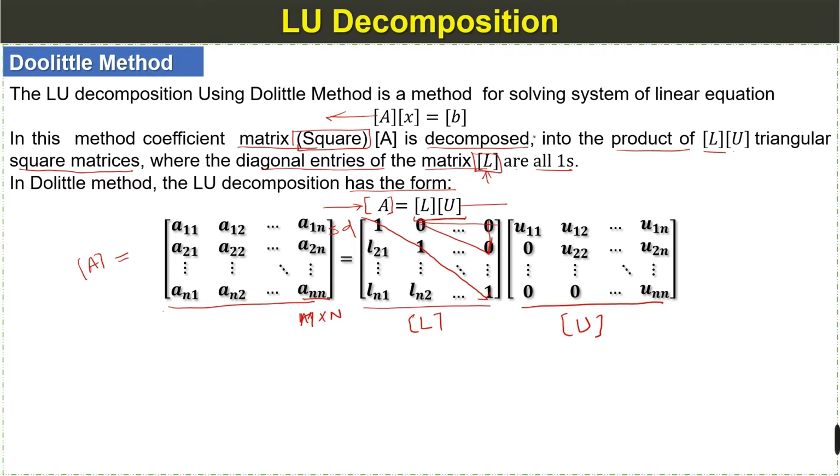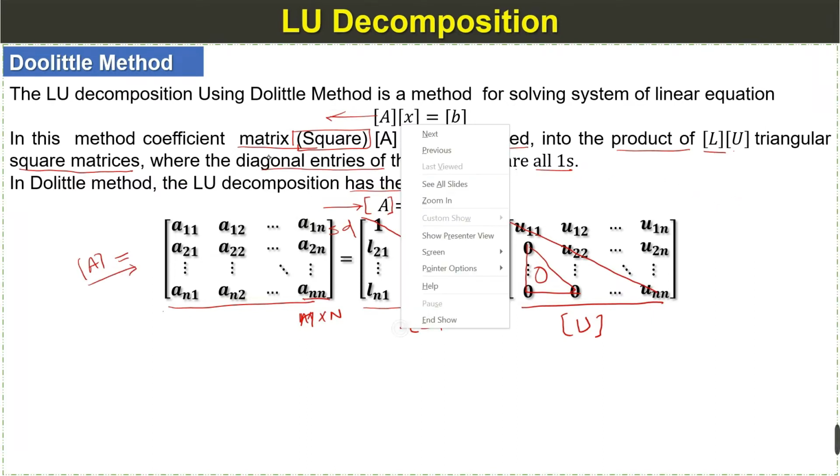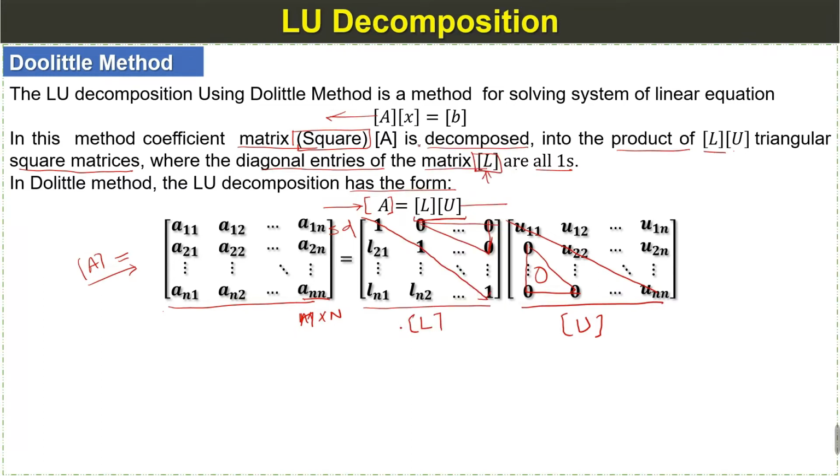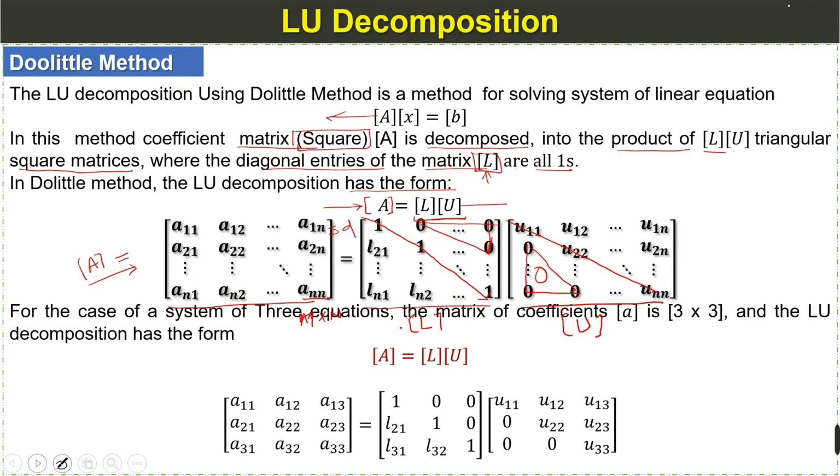So this one is the lower triangular matrix, and this one is the upper triangular matrix. We can see below the diagonal entries all are 0. So we decompose the coefficient matrix into the product of a lower triangular matrix and an upper triangular matrix.